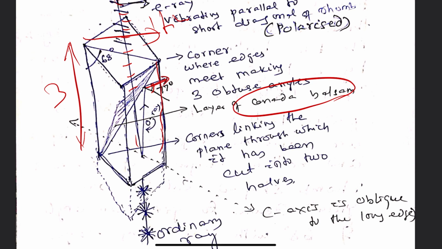The top surface is ground down until this angle with the short diagonal makes 68 degrees, and in this condition they are cut into 2 halves. They are cemented together by a layer of Canada balsam having refractive index 1.54. So how does it work? Let us see.